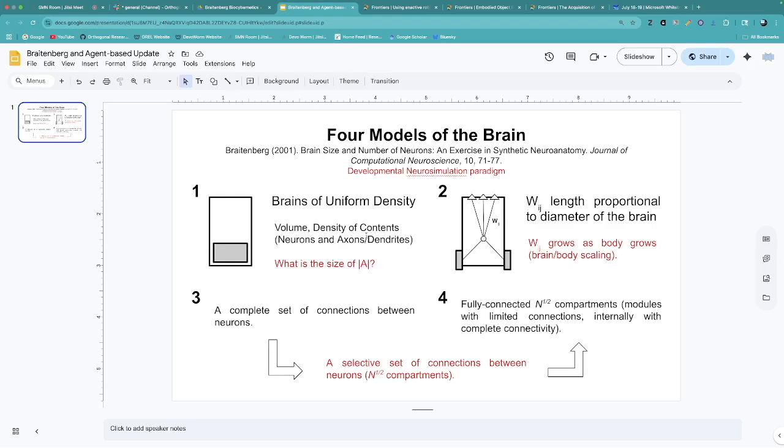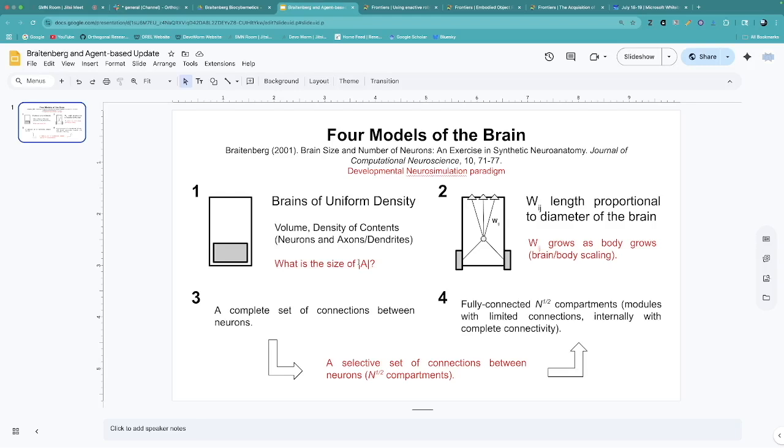And in developmental neurosimulation, this is the size of a network that's growing. Our network is constantly growing within a volume, or the volume is expanding, and this expands the size of our network.